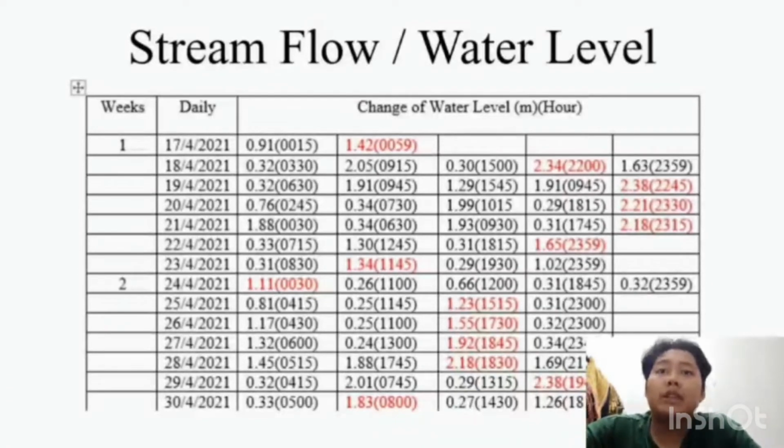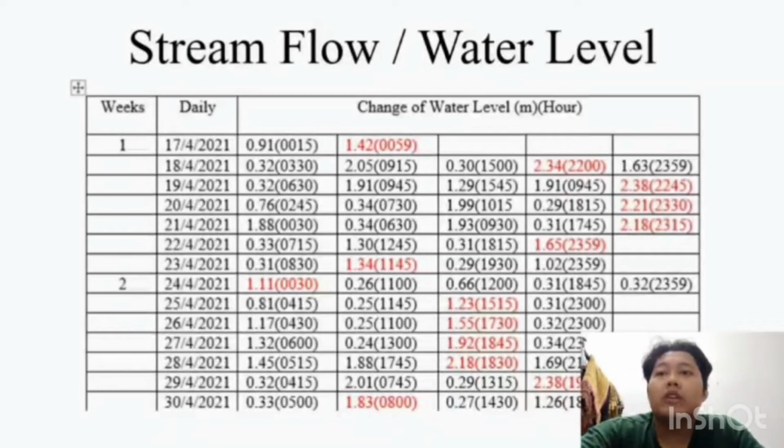Based on the water level data from the website Info Banjir, a hydrograph was plotted in table 1. So table 1 shows the data from the website over 4 weeks, starting from 17 April 2022 until 13 May 2022. Every change of water level is collected.